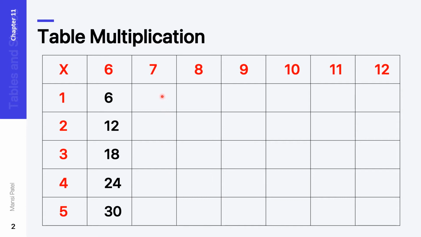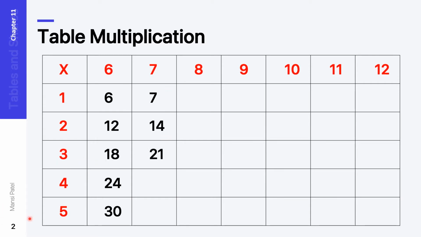Now in this box again what do you want to do? One number from the rows and the second number from the column. The numbers are 7 and 1. So 7 ones are 7. Now 7 and the second number is 2. So 7 2s are 14. Then one number is 7 and the second number is 3.